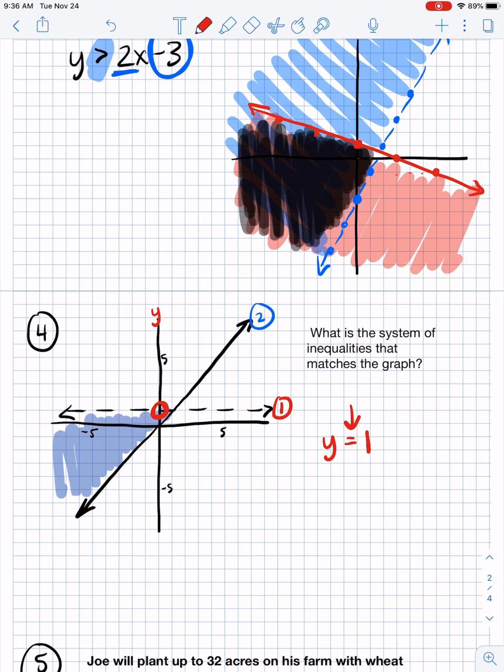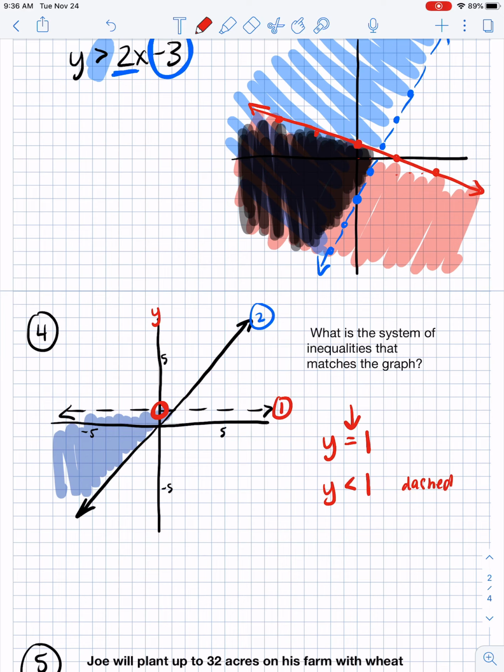It's either less than, greater than, less than or equal to, greater than or equal to. If you look, the overlapping area is shaded below that line. So it's going to be y is less than 1. And then you have to ask yourself, is it just less than or less than or equal to? I'm going to say it's just less than because the line is dashed.